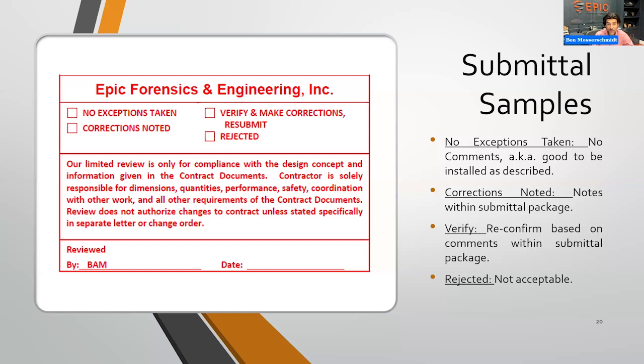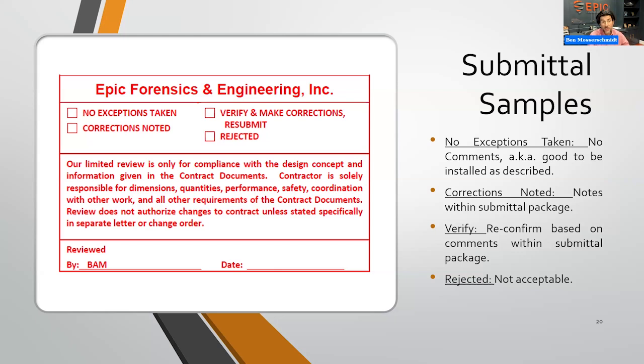If it's corrections noted, we may go ahead and actually make some commentary on the actual package to further highlight what needs to be done with respect to this material, and that box will be checked. If it's verify, make corrections, and resubmit, this may be a contractor submitting what is called an approved equivalent, or an attempt at one, and it may not exactly line up.